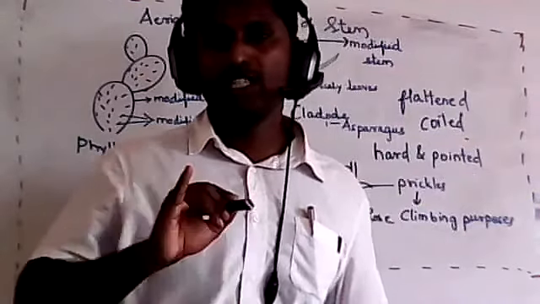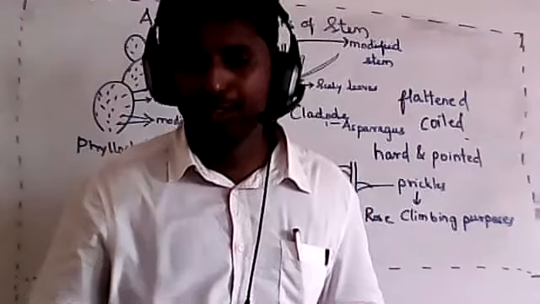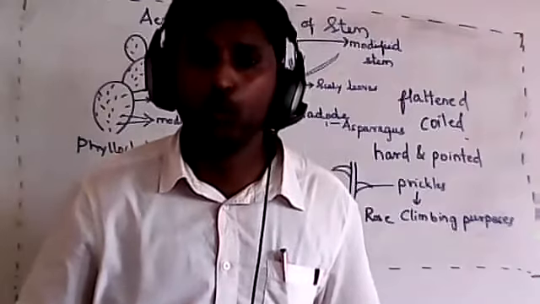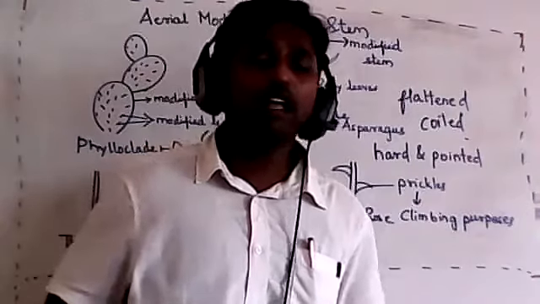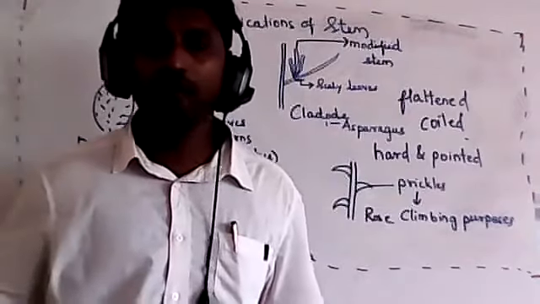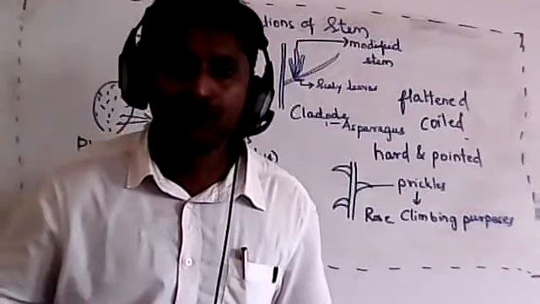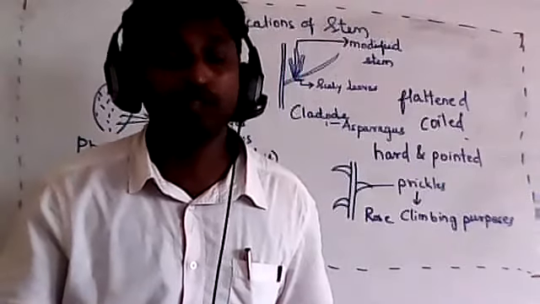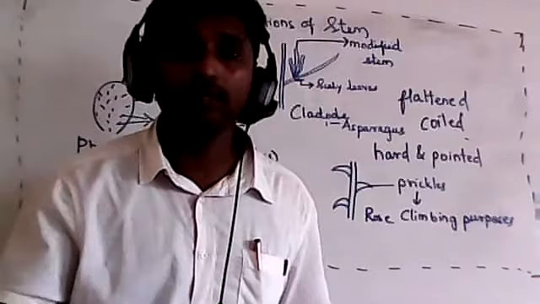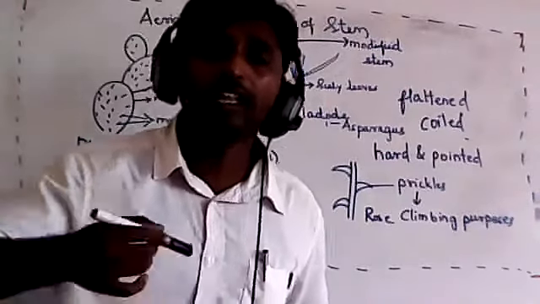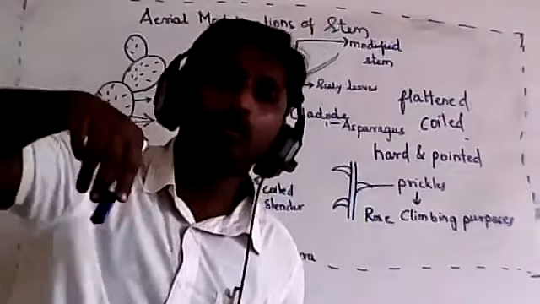Okay, slender, sensitive, and coiled. Why are these stem tendrils sensitive? If they find any substratum like walls and trees, they will immediately coil around them.